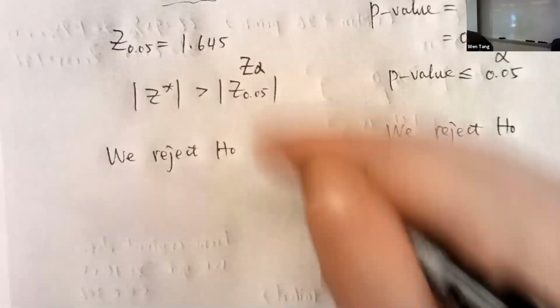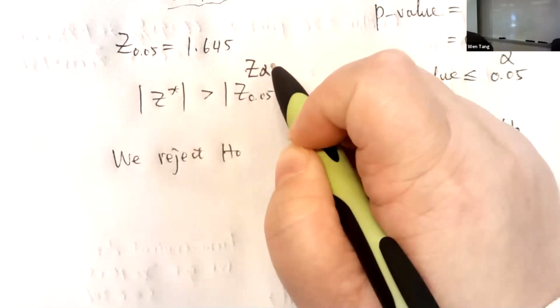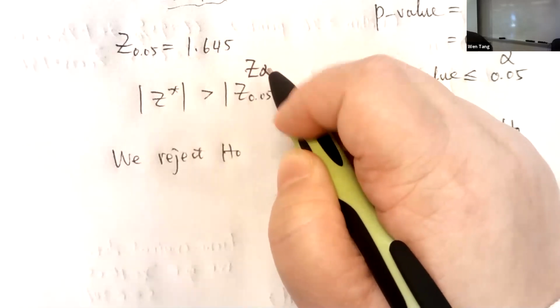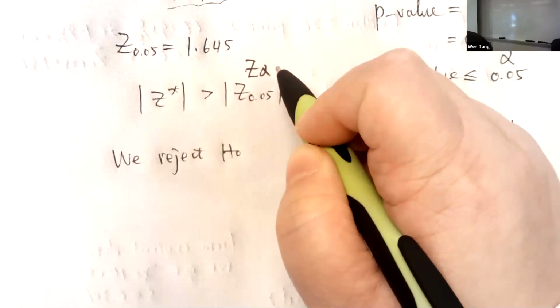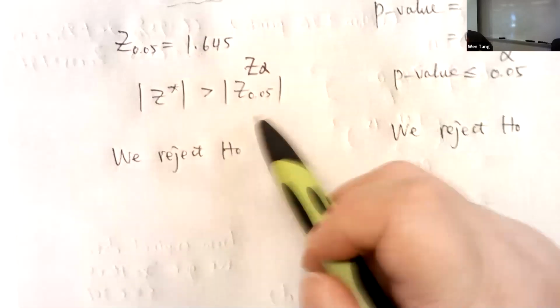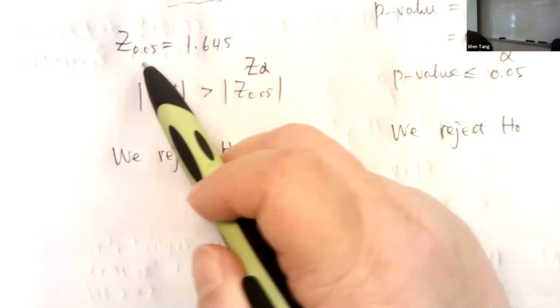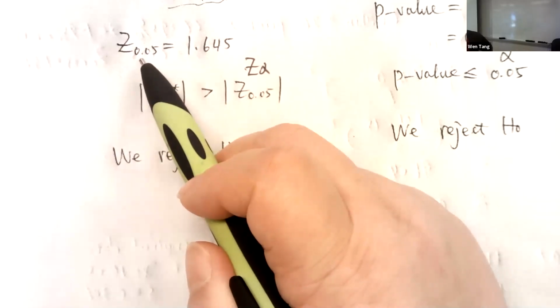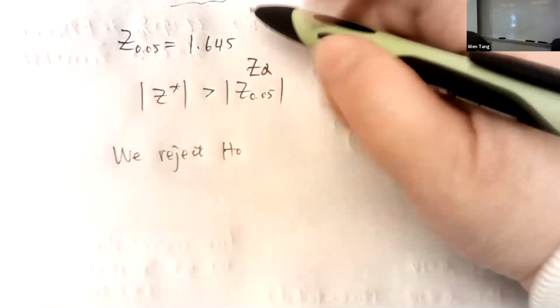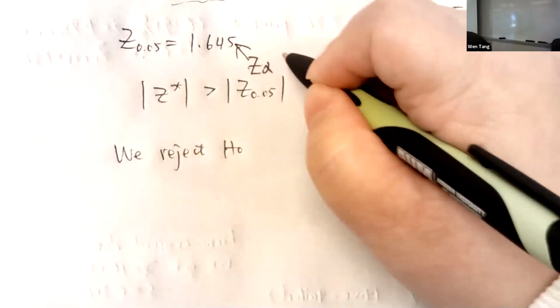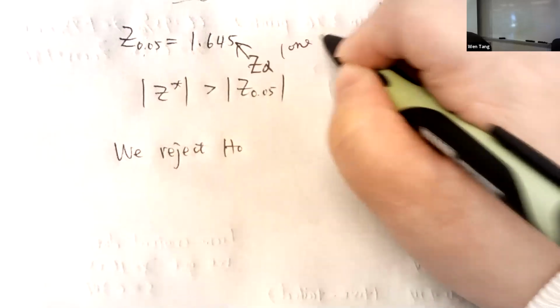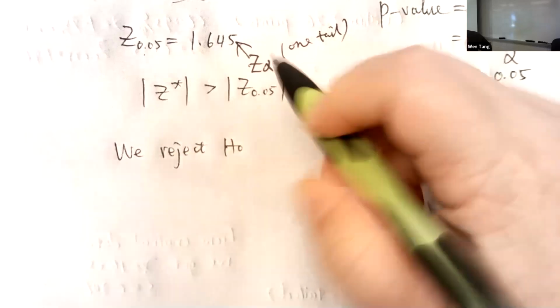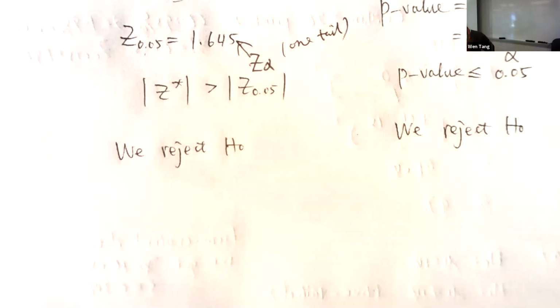It's just Z sub alpha, not Z sub half alpha. So here it's just Z 0.05, because it's the one tail test. If it's a two tail test, then we need to find Z sub half alpha.